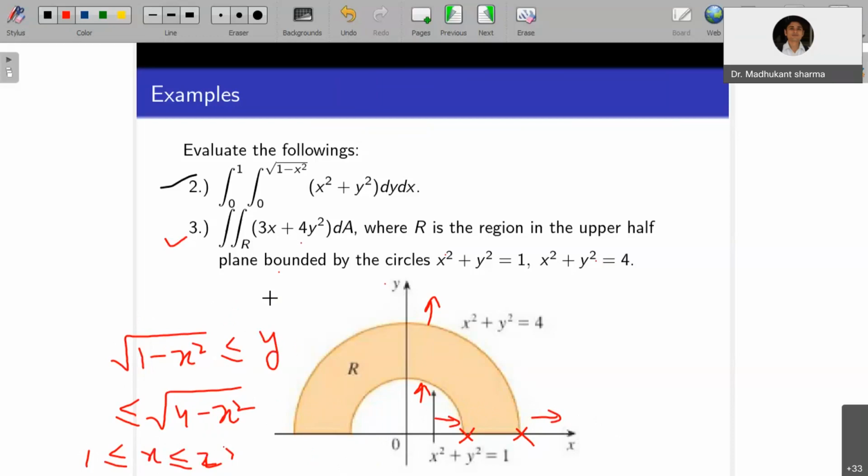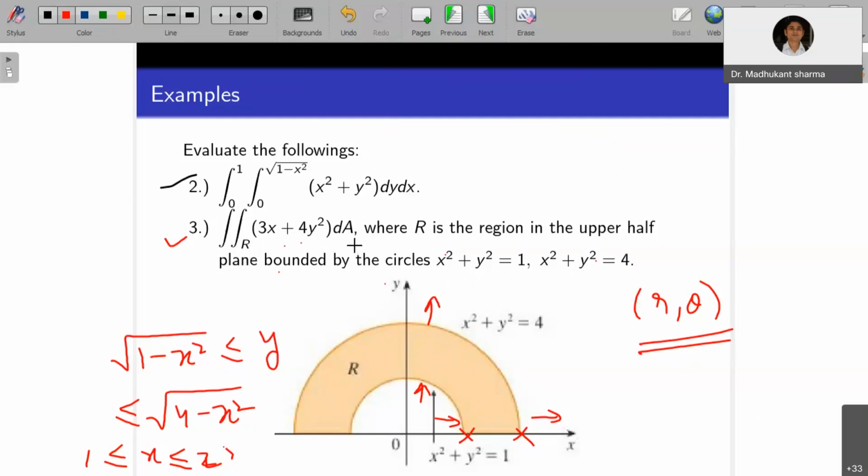Now, on the other hand, if you are in polar form, in r theta, you know x square plus y square equals 1, and x square plus y square equals 4. You can use x equals r cos theta, y equals r sin theta, and dx dy is replaced by r dr d theta. You have to replace everything here carefully.